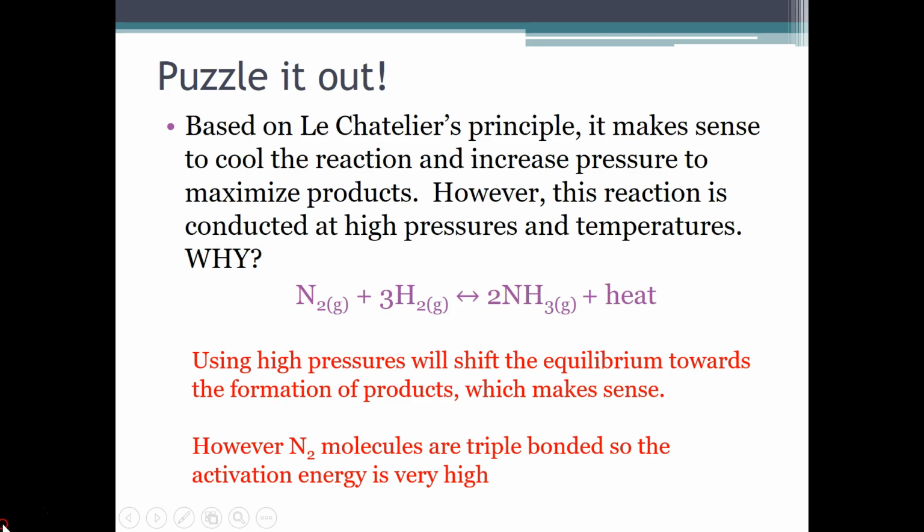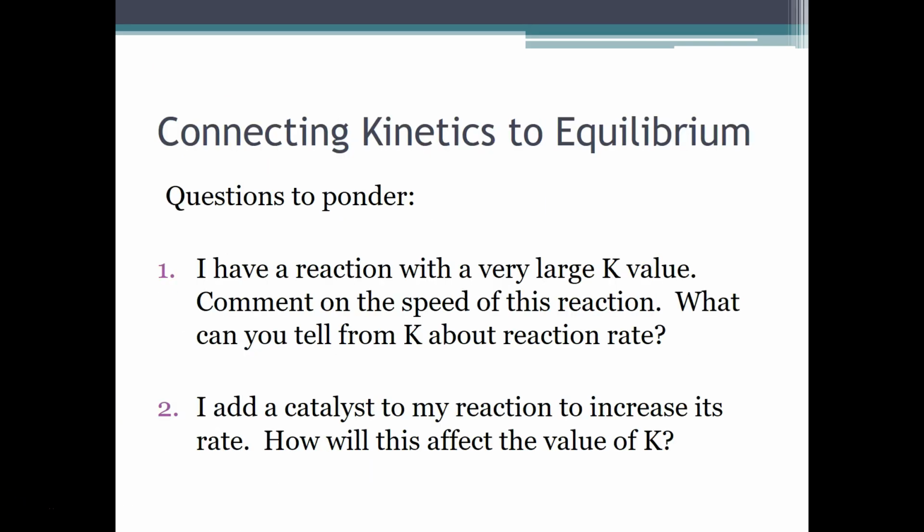Okay. To kinetics to equilibrium. So, a couple questions to ponder. A reaction with a very large K value: comment on the speed of this reaction. What can you tell from K about the reaction rate? So I know that if I have a very large value for K, then products are favored over reactants.